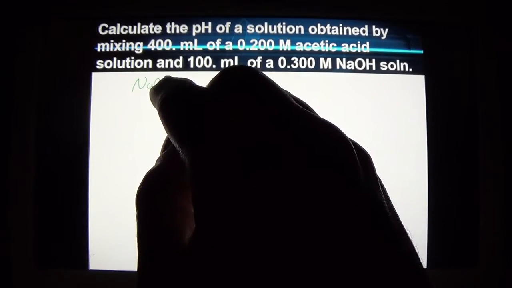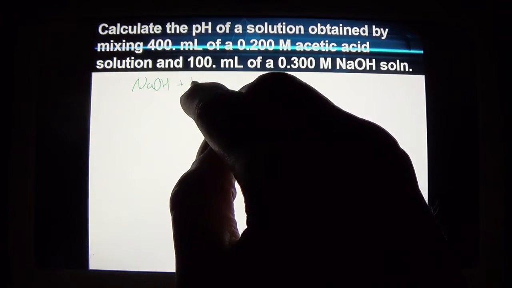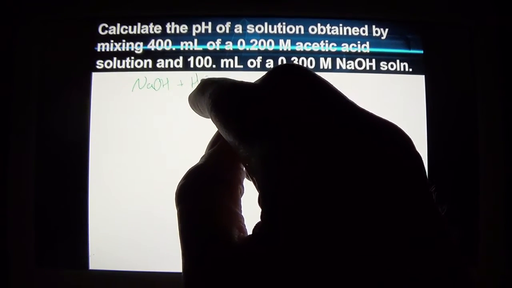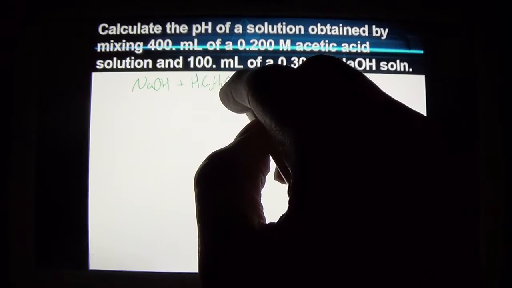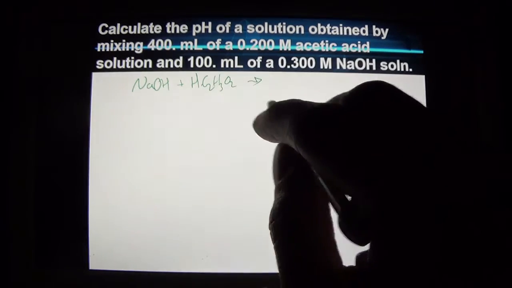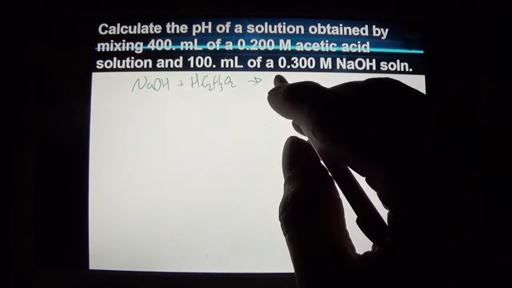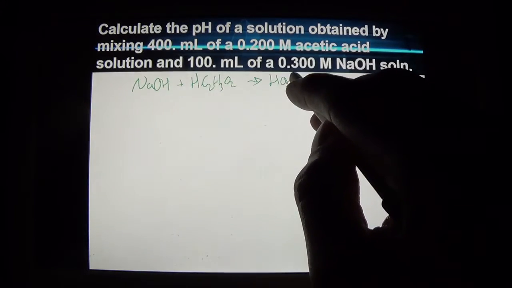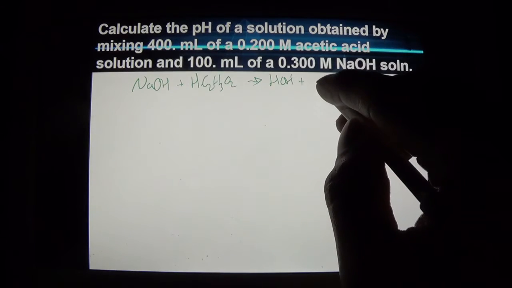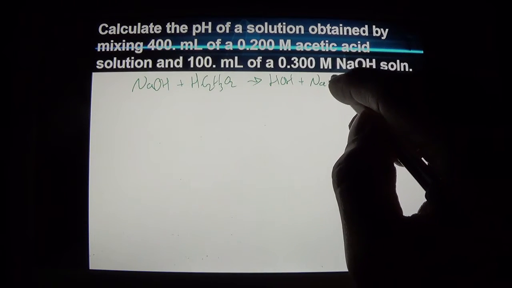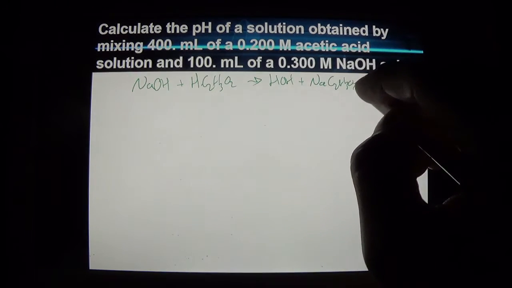So let's focus with an equation. Sodium hydroxide and acetic acid, which is HC2H3O2, one-way arrow, because I have a strong base and it cannot go backwards. It gives me HOH, a double replacement reaction, HOH and NaC2H3O2.